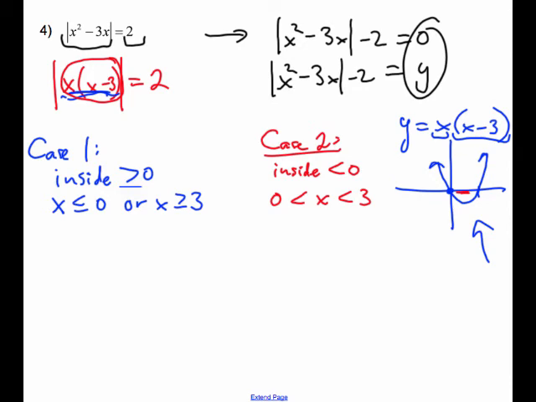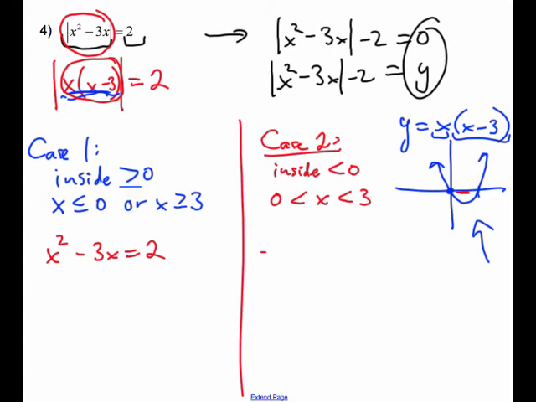And so when it's positive on the inside, the absolute value of the expression is equal to itself. And when it's negative, it's equal to the opposite of itself. Alright, so we have two equations to solve, and both are quadratic equations.